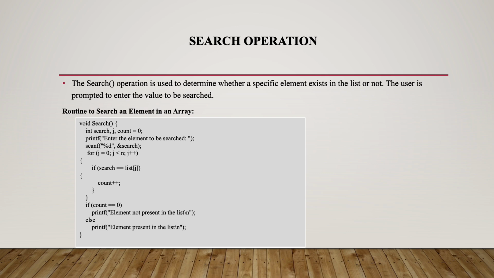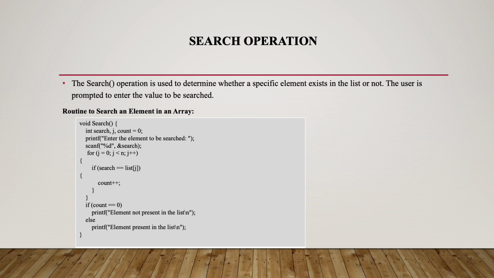And finally, the search operation. As you all know, search is used to determine whether a specific element is present in the list or not. So the user is prompted to enter the value to be searched. This is a common routine.